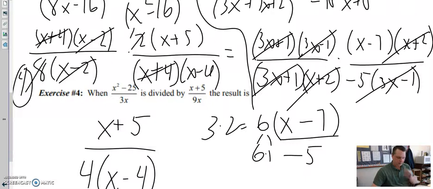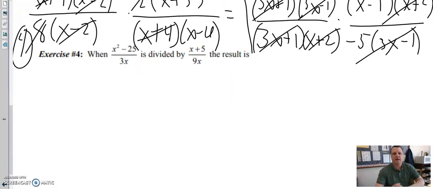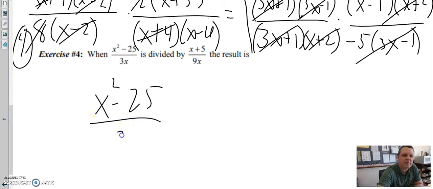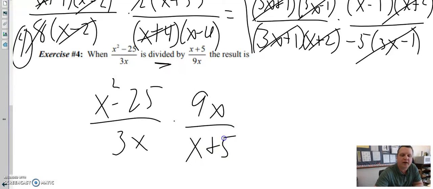Okay, the last one. I know I got stuff all over the place. Let me pause it. Okay, I'm back. So x squared minus 25 over 3x is divided by, so that means I have to multiply it, switch it, x plus 5 over 9. Okay? There's only one thing that can be factored.